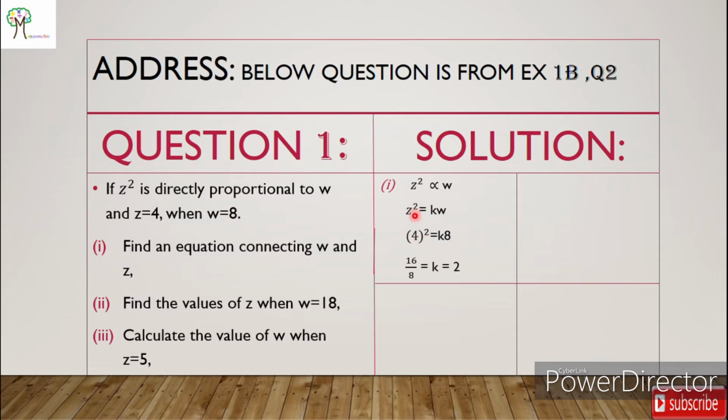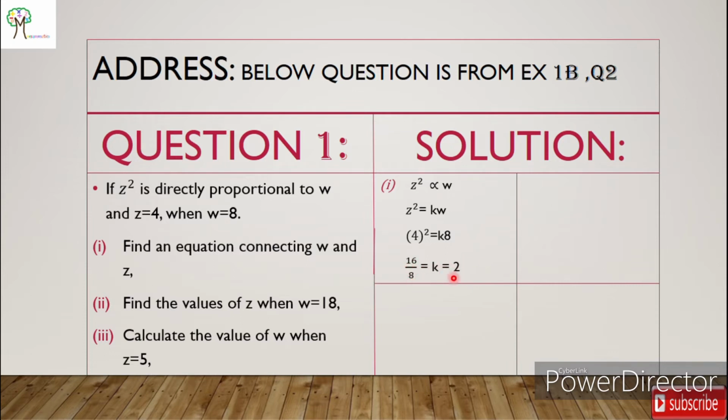Now z value is 4 here, so we will put its value in, and 16 is equal to k times 8. Now 4 fours are 16 and 8 would come here, and 16 divided by 8.